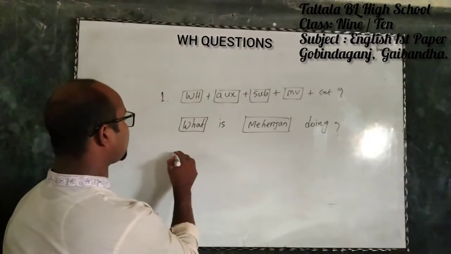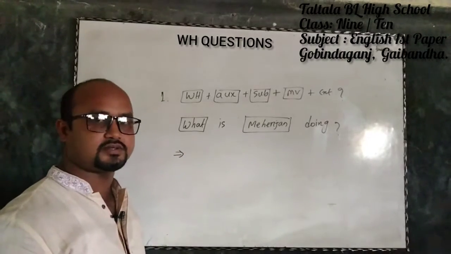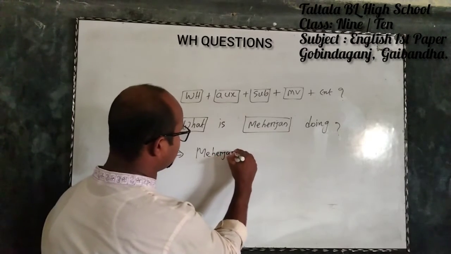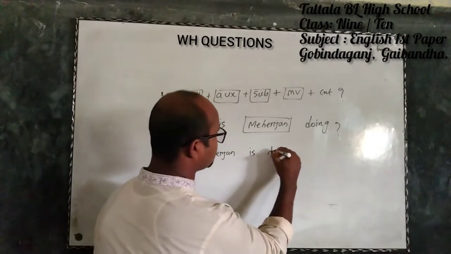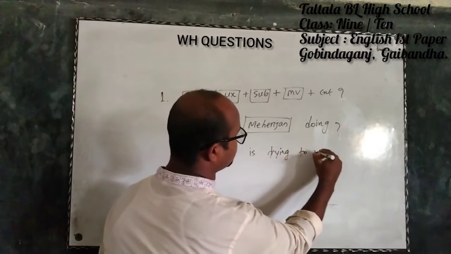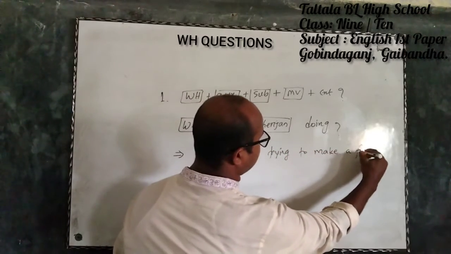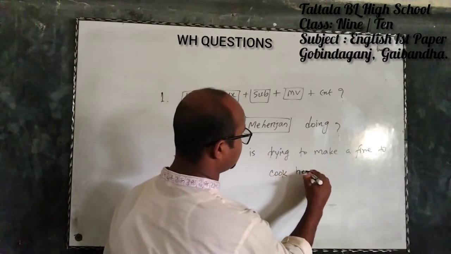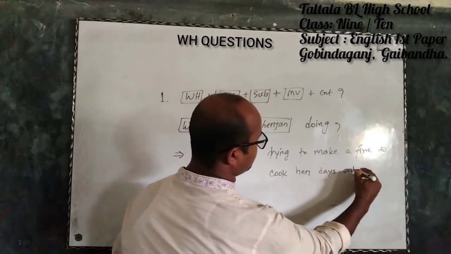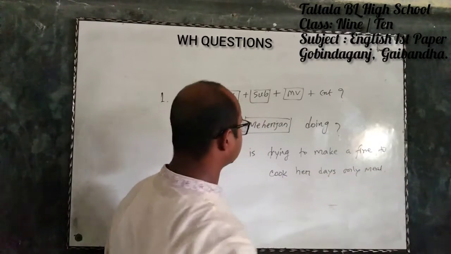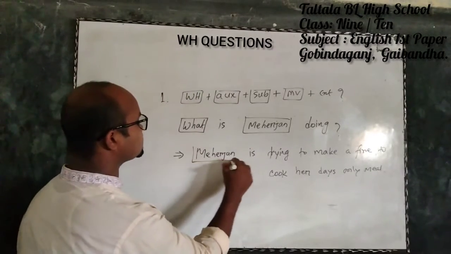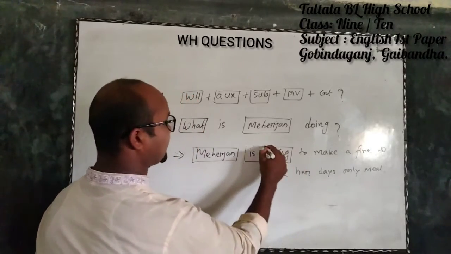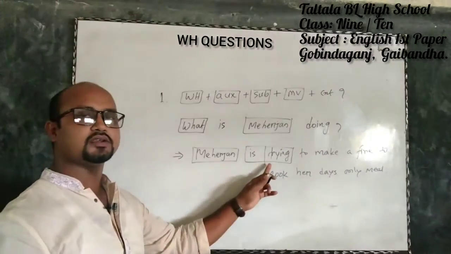Then I have to write the answer in present continuous tense, like Meherjan is trying to make a fire to cook her only meal. Here Meherjan is the subject, is is the auxiliary verb, trying is the main verb.